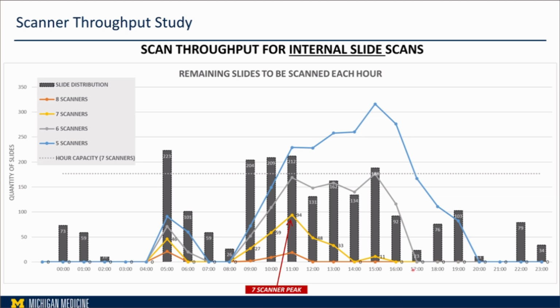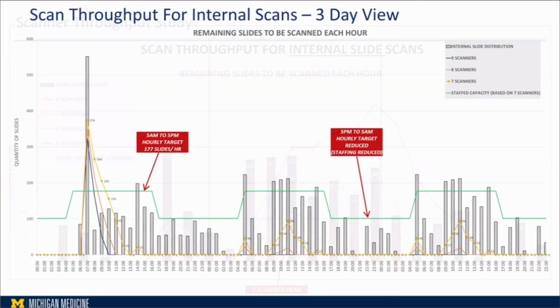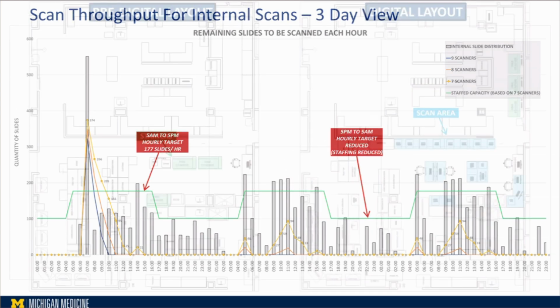So this is extremely important to have the right number of scanners. The other thing we put into account is the distribution of those slides, so we can distribute also our staff when we need to focus. For example, we heavily focus in the morning to have more staff versus overnight or evening shift. Maybe we have one staff to cover the workflow.